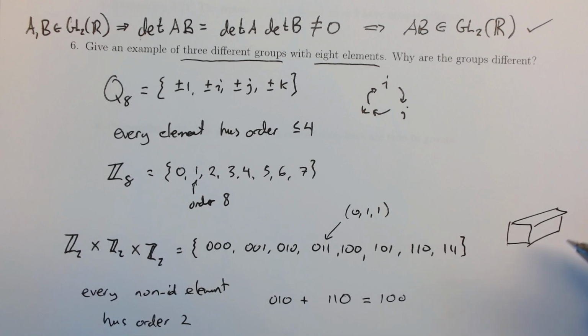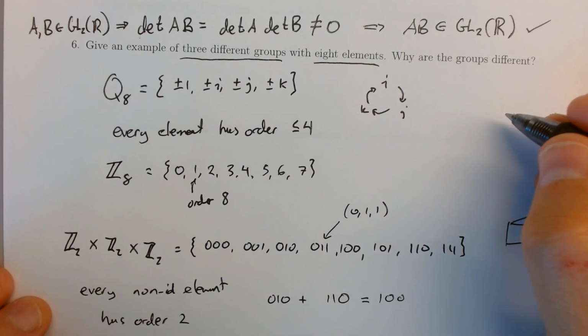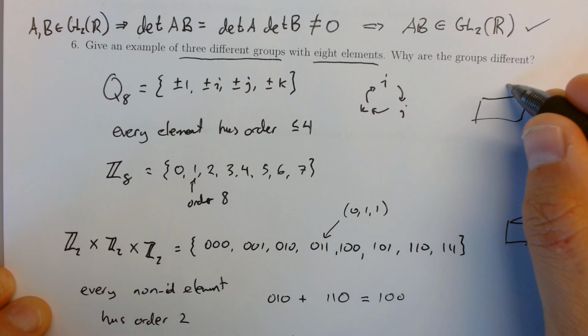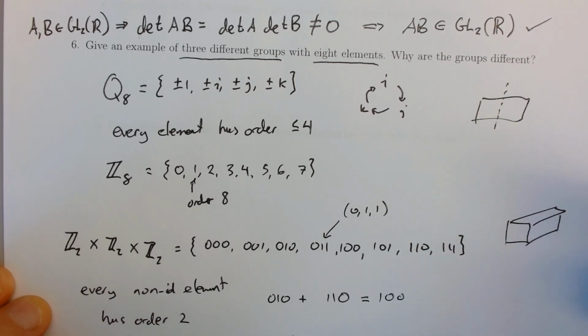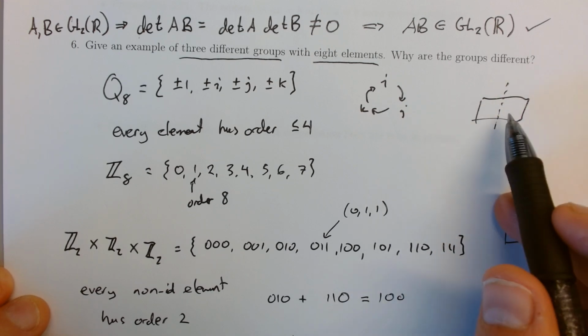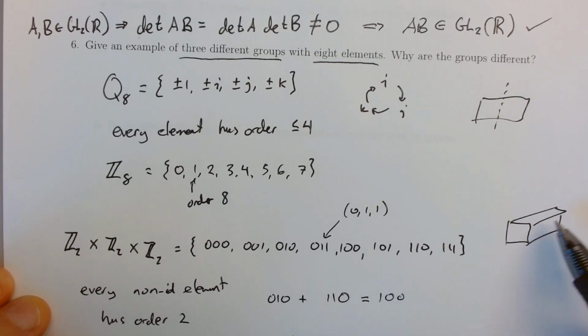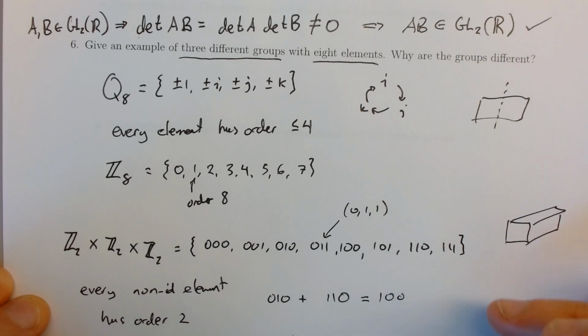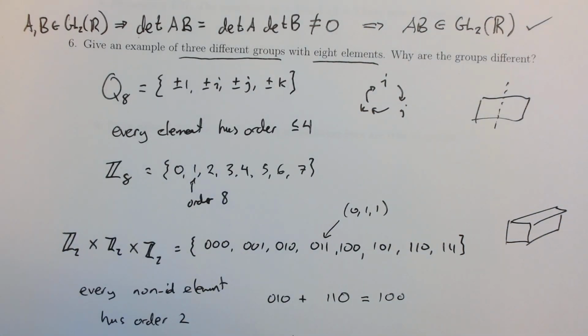We think of this box as rigid, so I can't squish it. When we talked about the symmetry for the rectangle, it was flipping it through here. That's sort of flipping it through the third dimension, of course. So I can't try and cut it in half here and flip the two ends to each other. That would deform the box.